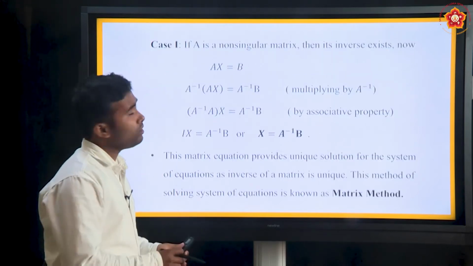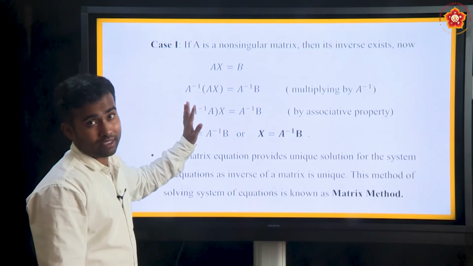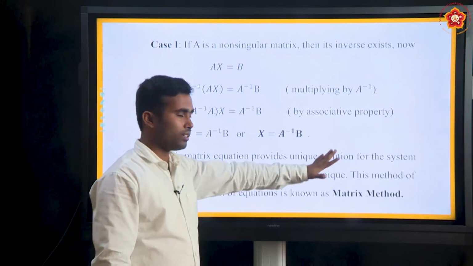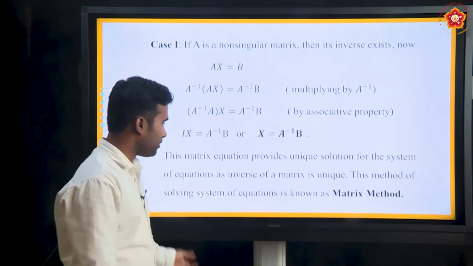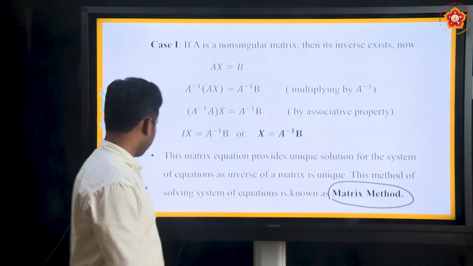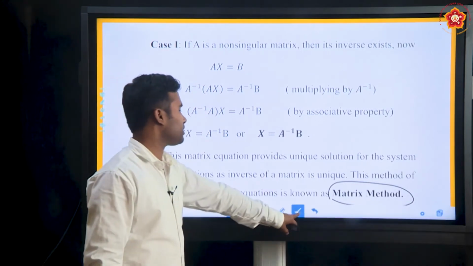So this is the case if the matrix is non-singular; only then can we find the solution of the system of linear equations, and this method we call the matrix method.